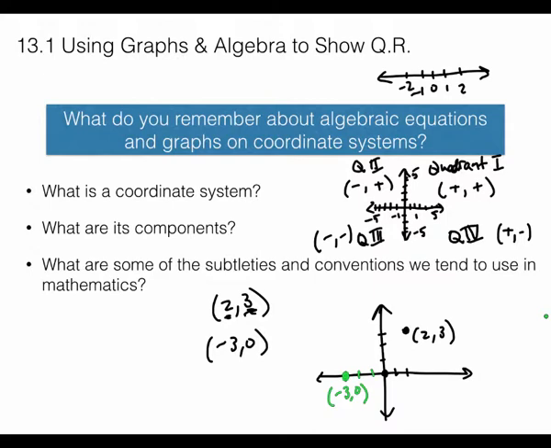Okay. So I heard you say it's on the x-axis. So there's a convention for you. Okay? Oftentimes in mathematics classes, we will call the horizontal axis the x-axis and the vertical axis the y-axis. Do we have to?